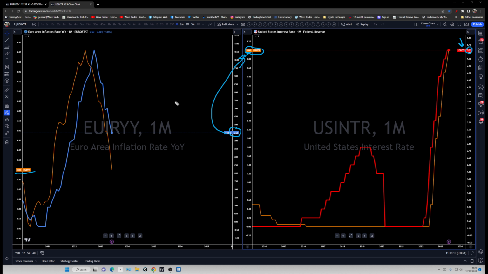So this is a policy divergence which is appearing between the ECB and the US. Inflation is falling in the US, the Fed is still hawkish, and interest rates are higher than inflation, while this is not the story in Europe. That's causing the euro to get stronger.